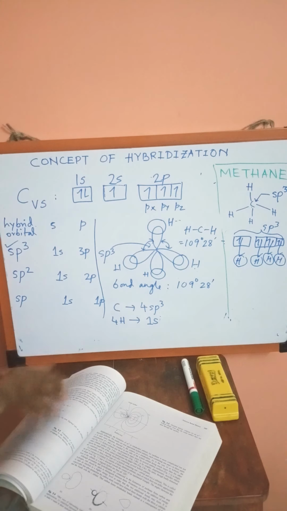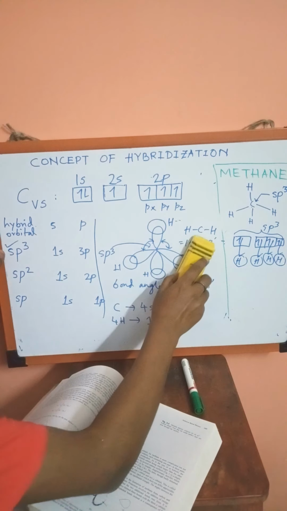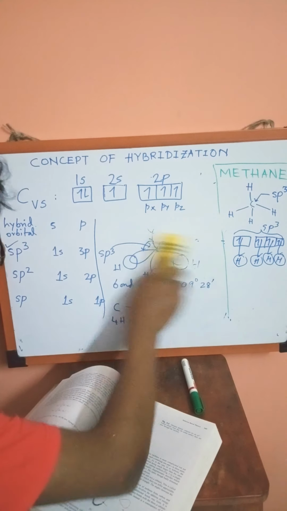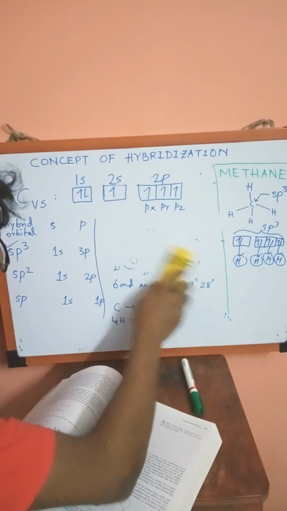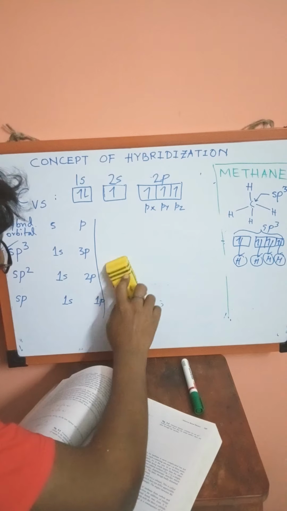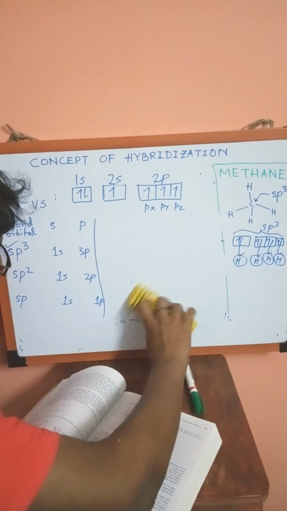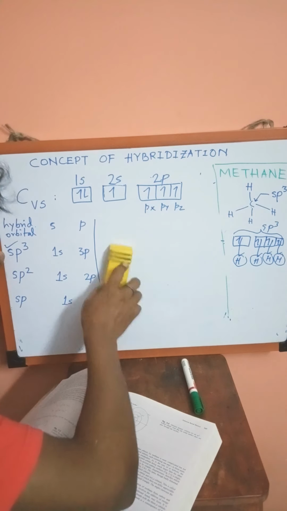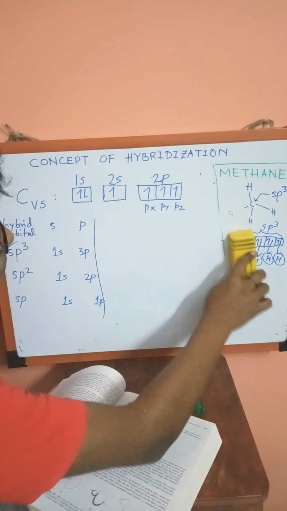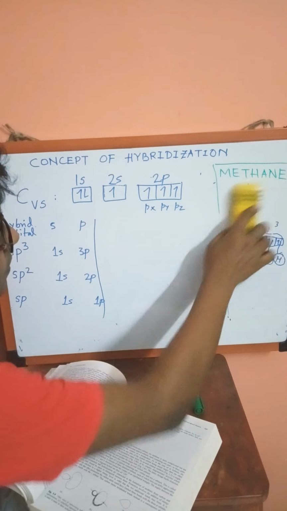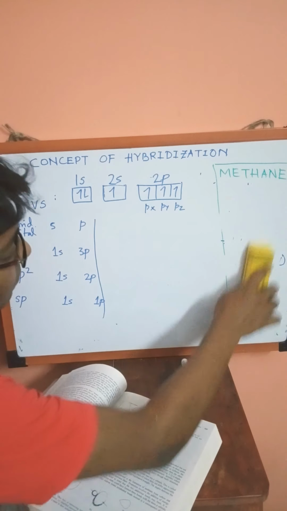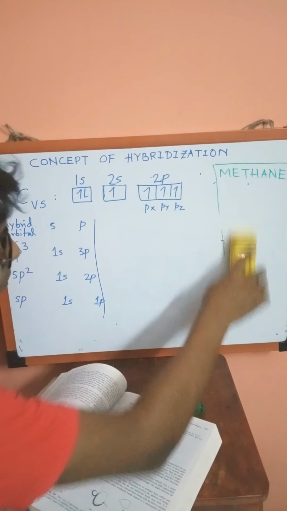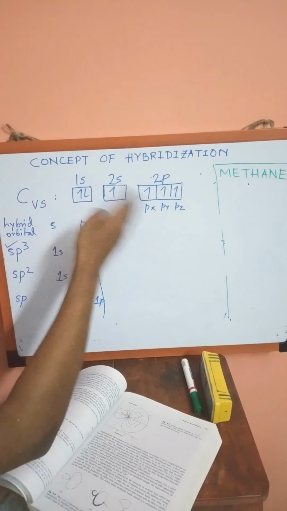Now we'll shift to sp2, and then we'll go to sp. Now what happens with sp2? In case of sp2, similarly the carbon from its ground state promotes itself to the excited state.